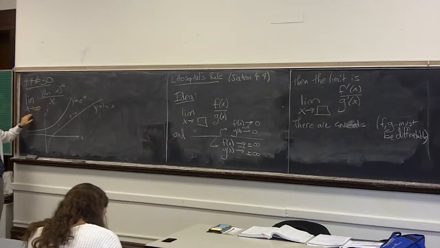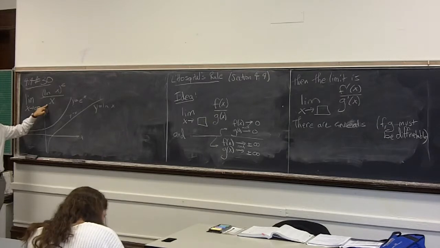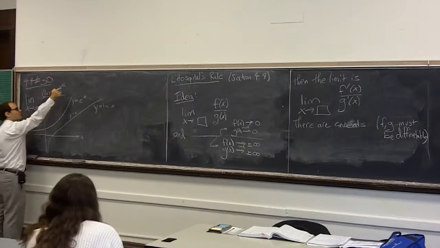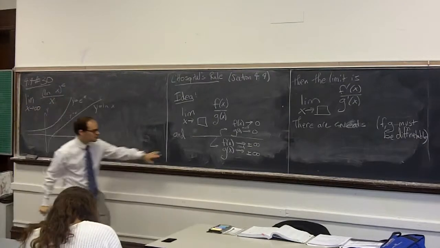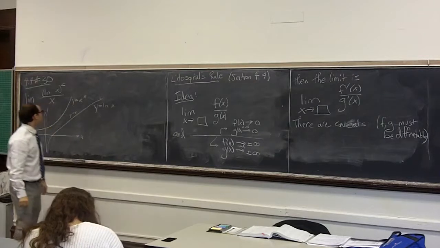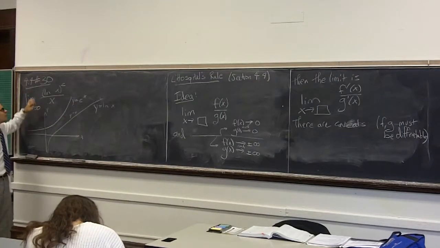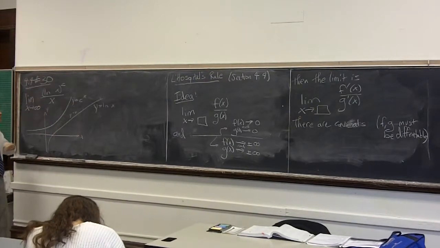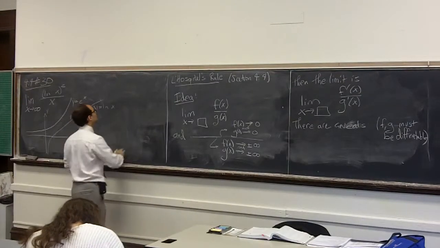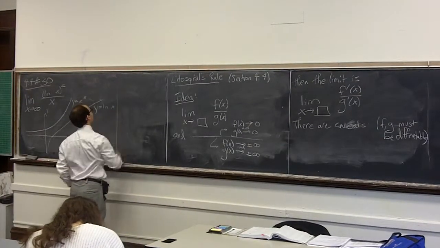And of course, if x is going to infinity, then x is going to infinity. Okay, so this is a situation of infinity over infinity. So that's this rule right here. What L'Hopital's rule suggests is that we should be taking the derivative of the numerator and the denominator separately in order to evaluate this limit.